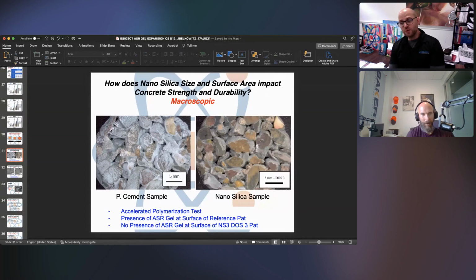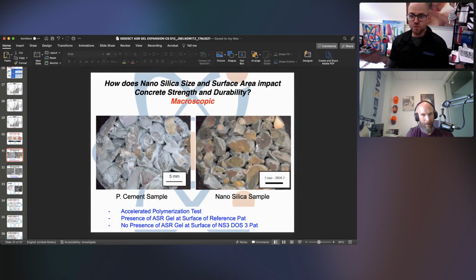This is a test that we ran with the U.S. Army Corps, and it was using a British test that I just flippin' love. It's called the BS7943, the ASR gel pat test. And what you're doing is you're creating this little pervious puck of mortar that allows water and salts to go through it.